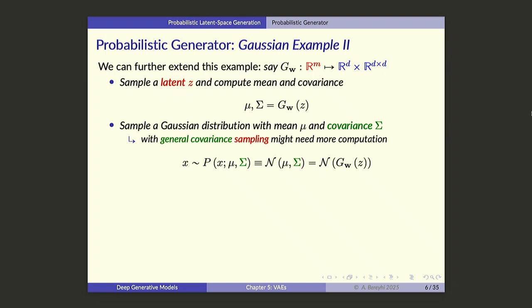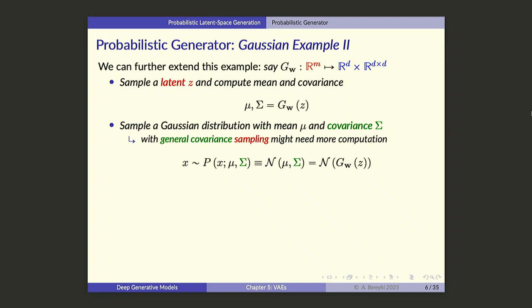This is not deterministic anymore, right? I cannot write down a function which takes z and gives me exactly x. I can only explain what the distribution of x given z is. Everybody's cool? This is again not that hard to sample, but given that I have a covariance matrix sigma, it might be a bit more computationally expensive compared to the other one, because I need to correlate the entries inside the sample.